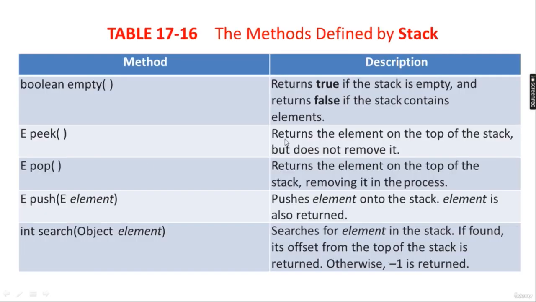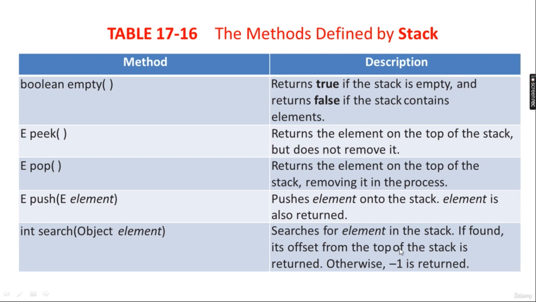Okay. So methods defined by stack, we will see them one by one. Boolean empty returns true if the stack is empty and returns false if the stack contains elements. E peek returns the element but does not remove it. E pop returns the element plus removes it. E push pushes element onto the stack. Element is also returned. Okay, which element you are pushing onto the stack, same element is returned over here using this E. int search(Object element) searches for the element in the stack.